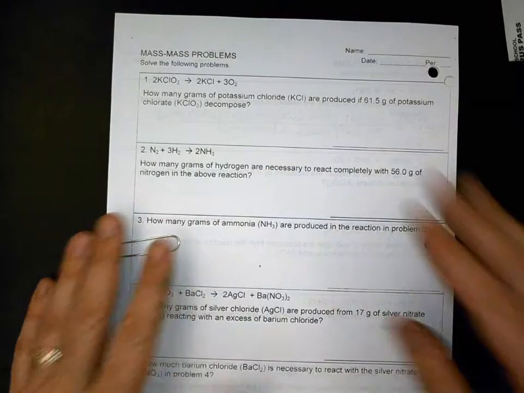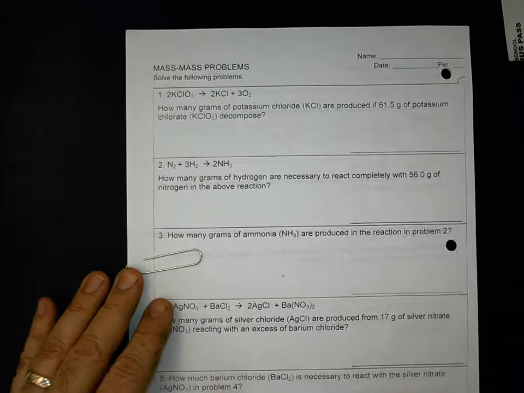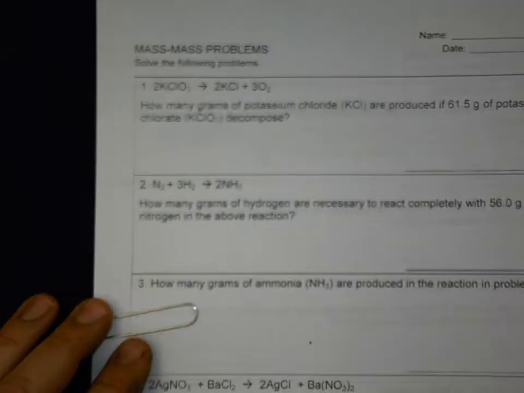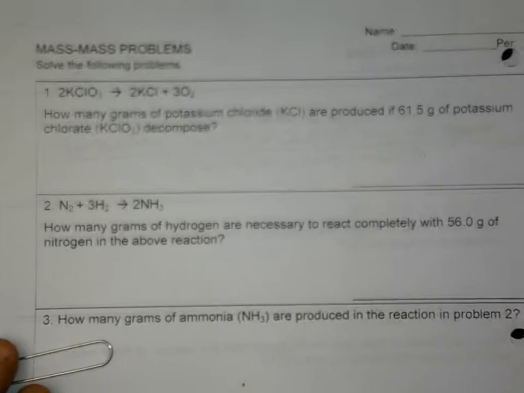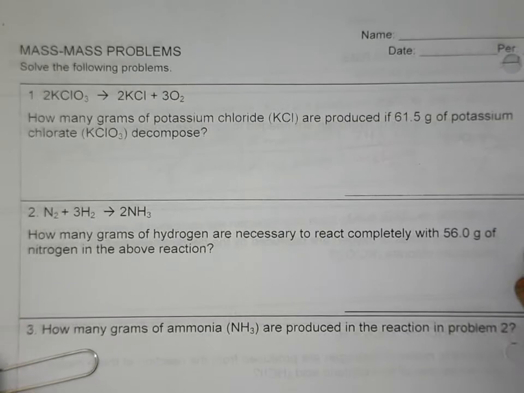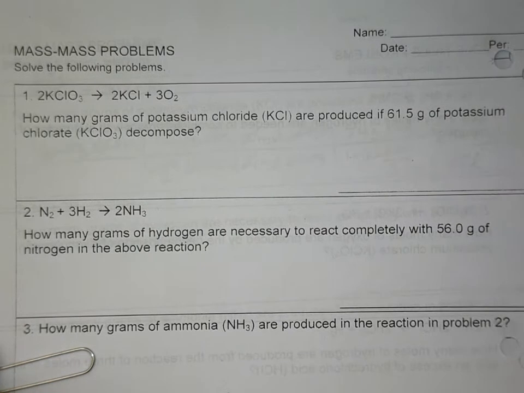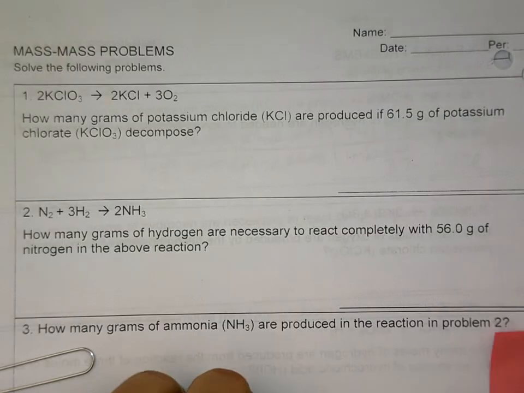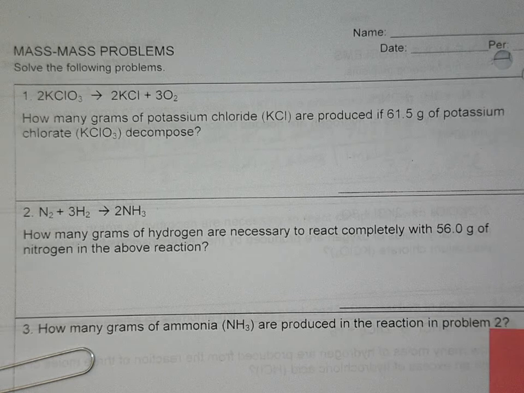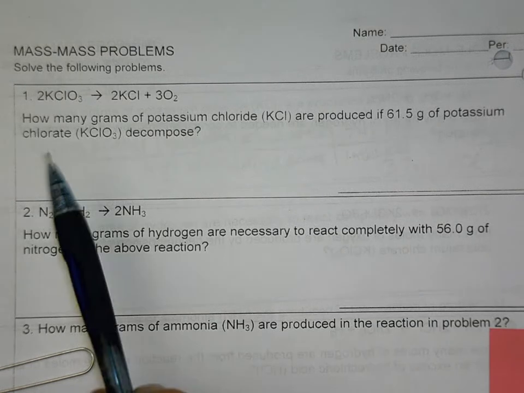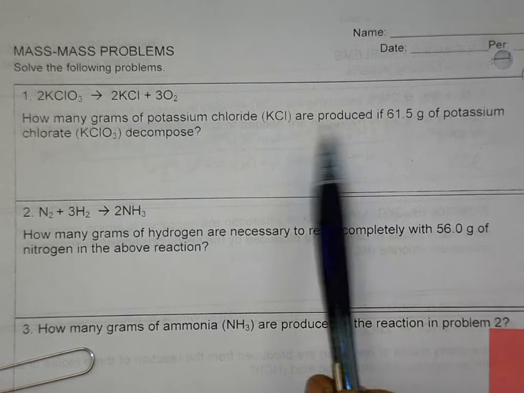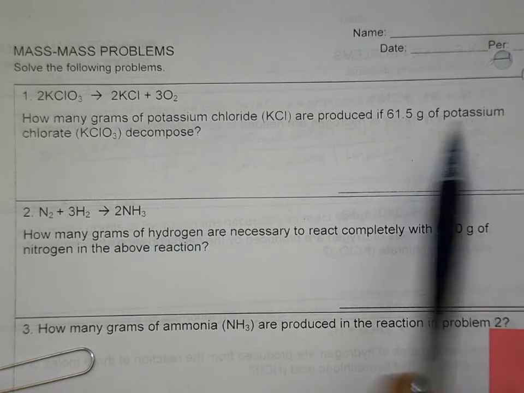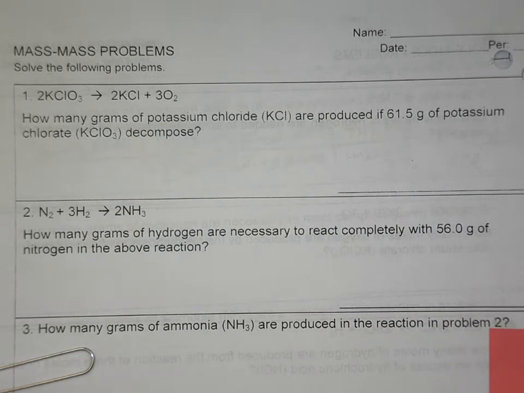So let's turn this over. There we go. So this is our problem sheet. In this problem, how many grams of potassium chloride are produced if 61.5 grams of potassium chlorate decompose?